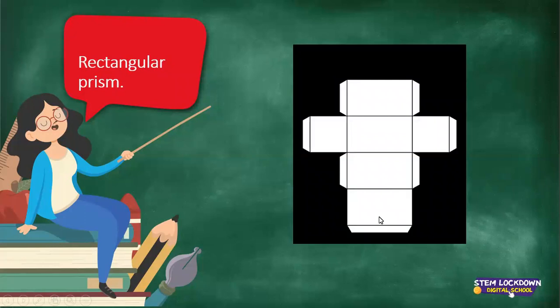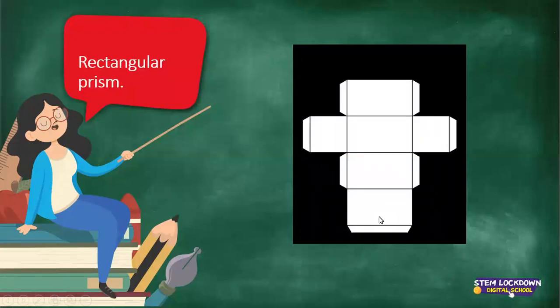And we also know that it has the same numbers as the cube. But the difference between the rectangular prism and a cube is that in a cube, all the sides, or all the faces, are equal. It's the same shape and size. But with the rectangular prism, we have different sides.